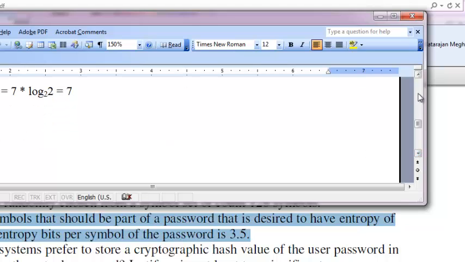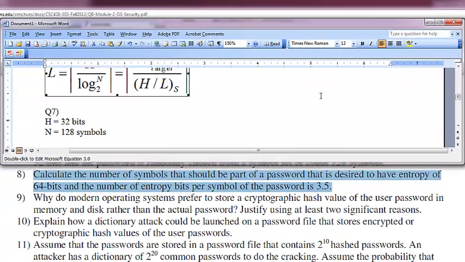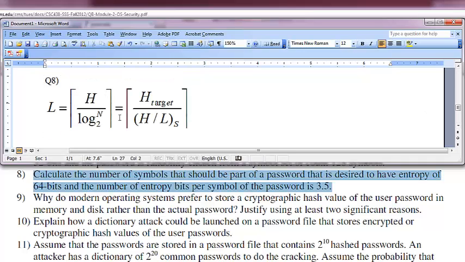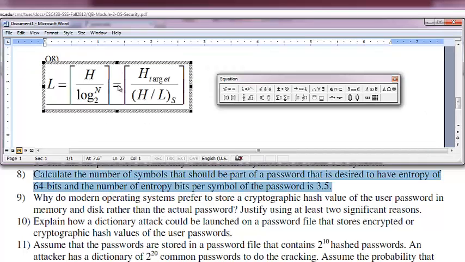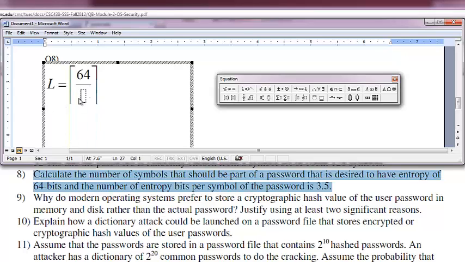So the length of the password, again from this formula, is going to be: the desired entropy is 64 bits, and the entropy per symbol in the password is 3.5.